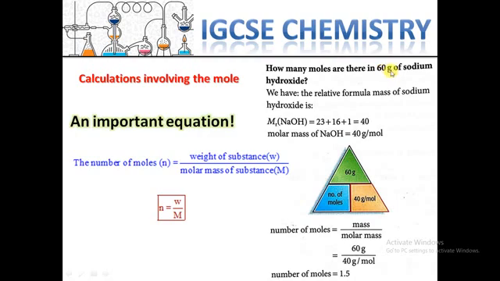We need only to replace in here. As we are following the equation, number of moles equal mass over molar mass, W over M. So we put 60 here and 40 that we calculated. If we divide 60 by 40, the answer is 1.5.